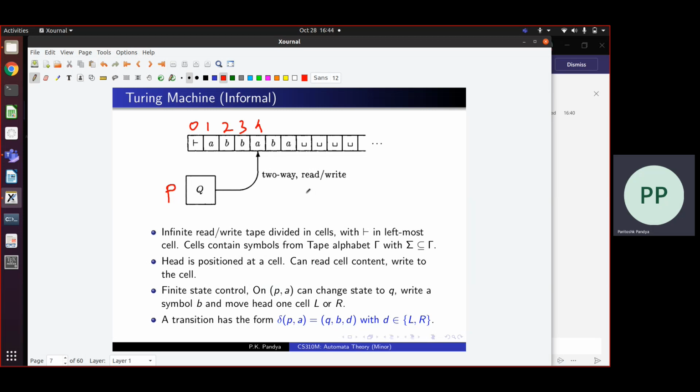So we can write down this configuration as follows: the state is P, the tape content is A, B, B, A, B, A followed by omega blank, an infinite sequence of blanks, and the head is at position 4, right? So this is the current configuration of the Turing machine.